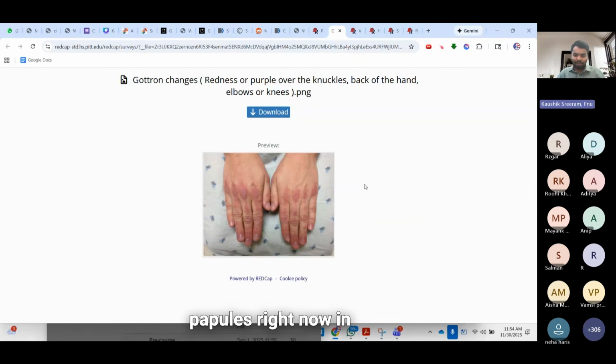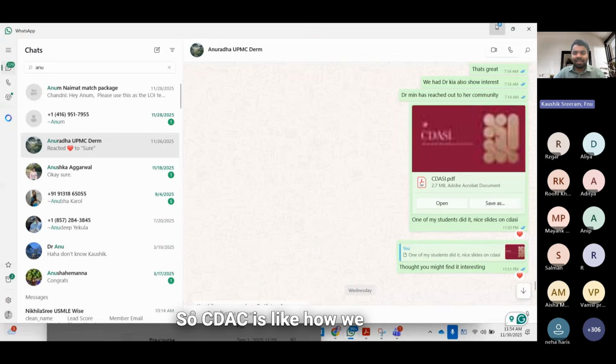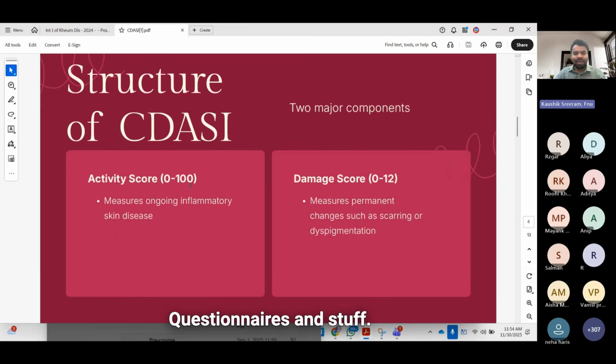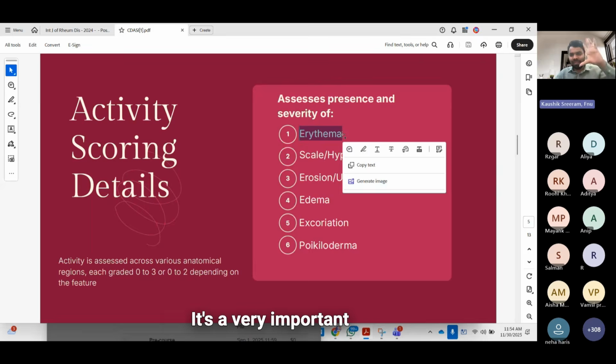Now, in one of the tools that is called CDASI, let me pull that up. CDASI is like how we were discussing, right? Questionnaires and such. In CDASI, you are measuring two things, disease activity and a damage score. Disease activity is a component that you are measuring, and you are measuring erythema. It's a very important concept in CDASI.